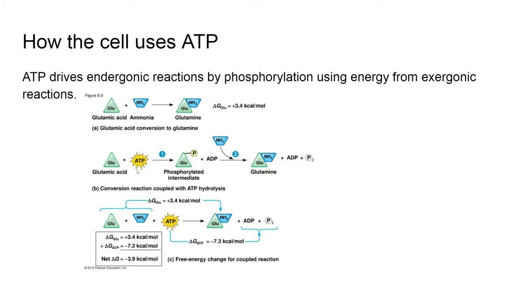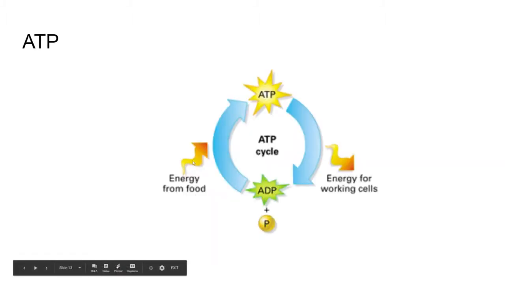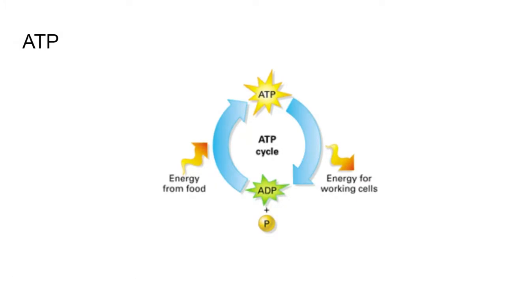This process makes it so that the endergonic reaction becomes more exergonic, and ATP can be recycled. ATP can be broken apart for energy to make ADP and the phosphate, and then energy can go back into it to recycle it.